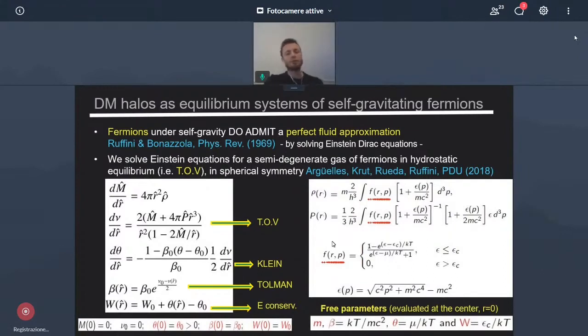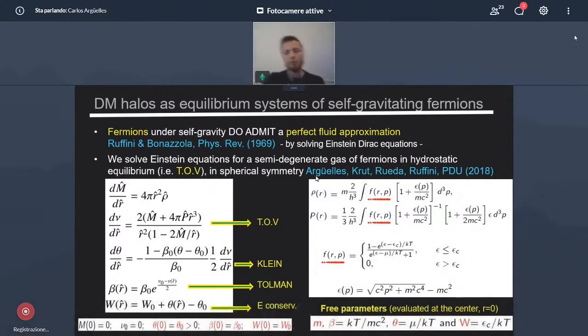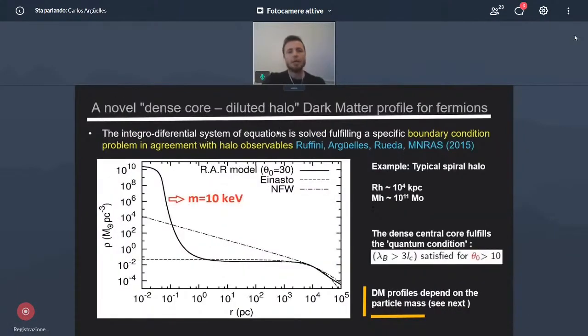As you remember, when the degeneracy parameter is lower than -1, the Fermi-Dirac distribution tends to Boltzmann. So you will obtain the famous isothermal profiles, but this is an already known story, so we will pay attention to the central degeneracy.